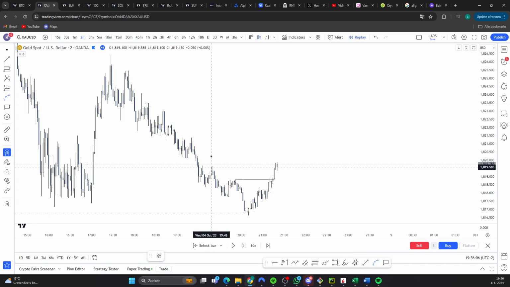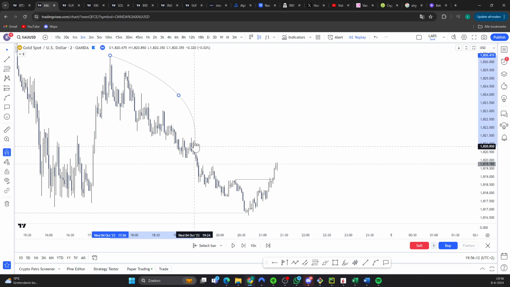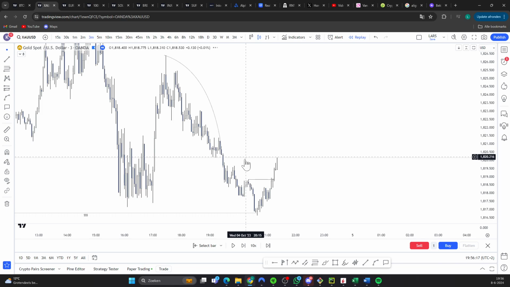You have loads and loads of liquidity here. I would grab it from this point on, because you still have some resistance here.